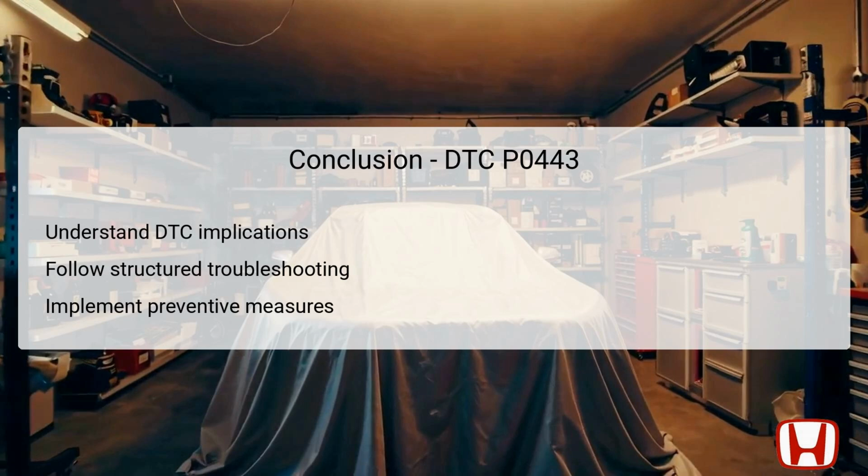Each step is built on previous findings, systematically isolating possible causes until the root issue is identified. Following repairs, thorough verification and preventive measures should be employed to ensure long-term reliability of the EVAP system. By staying proactive, vehicle owners can maintain optimal vehicle performance and compliance with environmental standards.